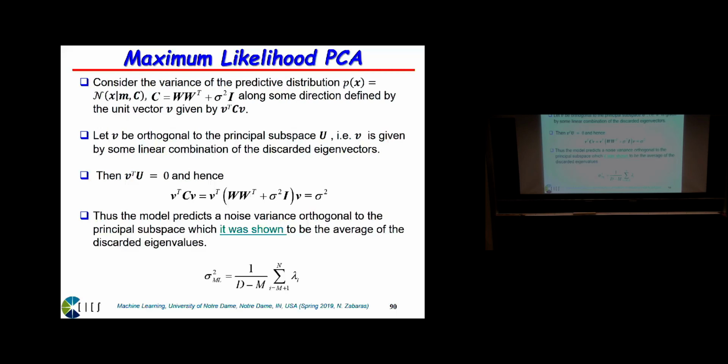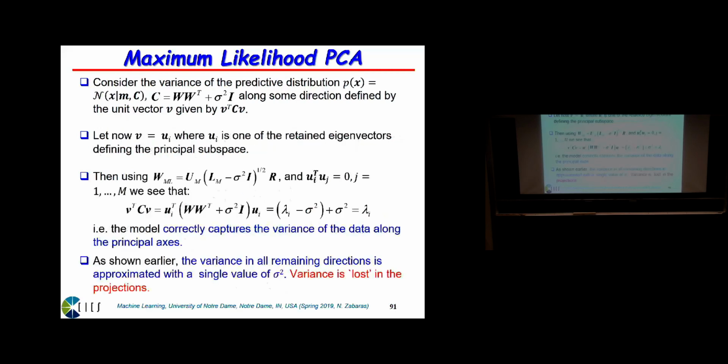What would be the exact variance for the M plus 1 direction? That eigenvalue, lambda M plus 1. So this model loses variance. It doesn't model the variance correctly in the directions orthogonal to the principal subspace. That concept of the summation of the extra eigenvalues being the variance that you don't capture also comes here, because this model gives you a constant variance, equal to sigma squared in all directions orthogonal to U.